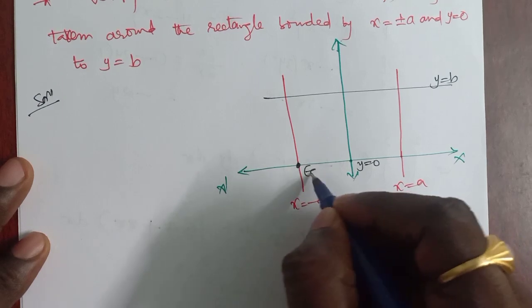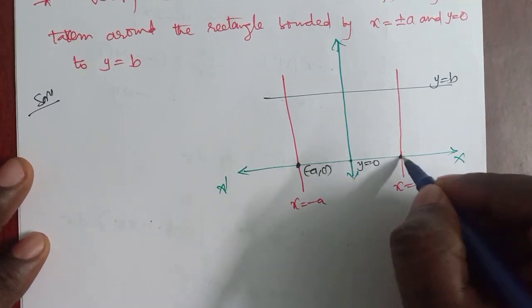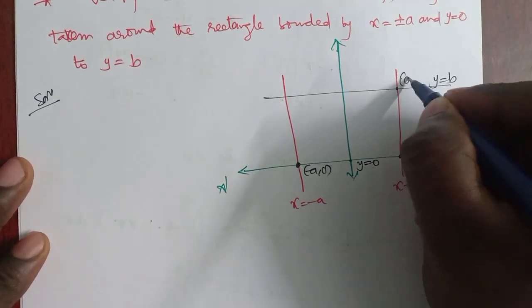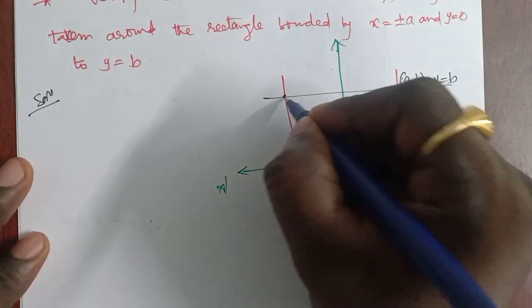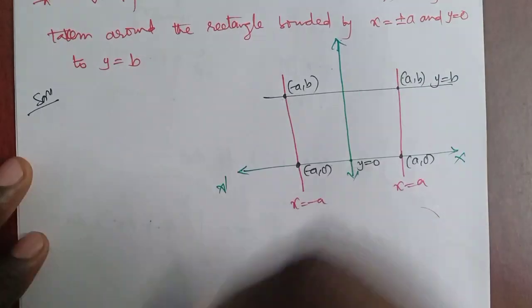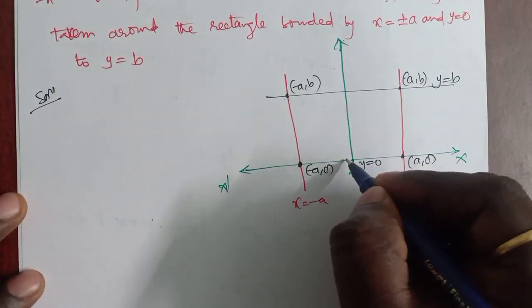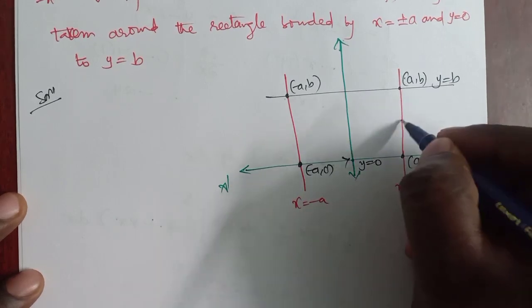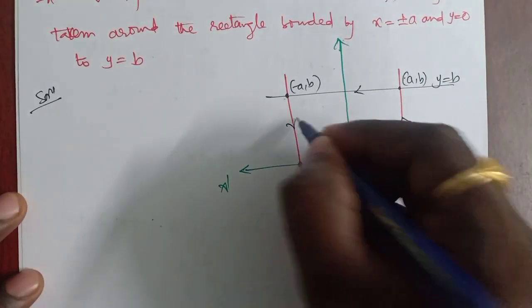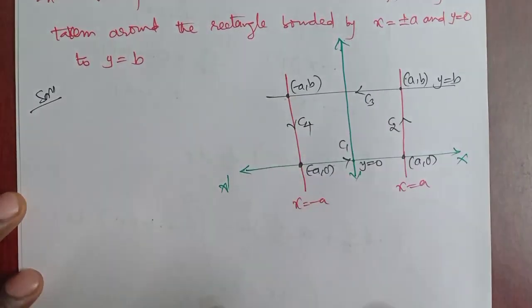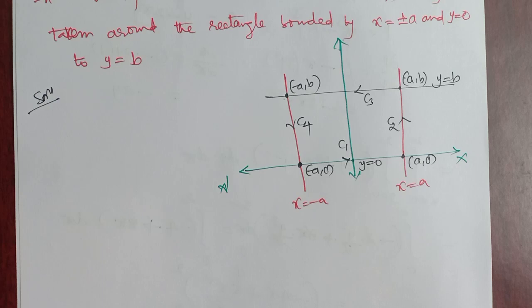The first is minus a comma 0 and the second is a comma 0, this is a comma b and this is minus a comma b. The direction is simply anti-clockwise, so C1, C2, C3 and finally C4. So this is from the graph.